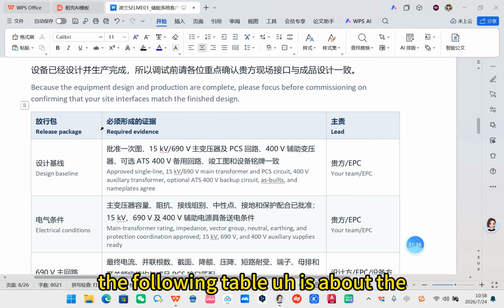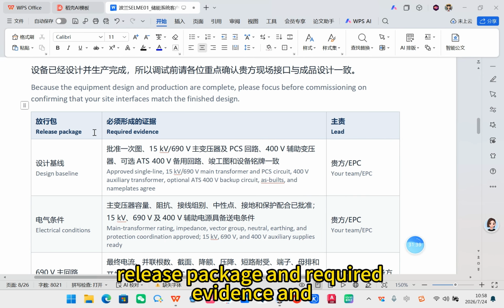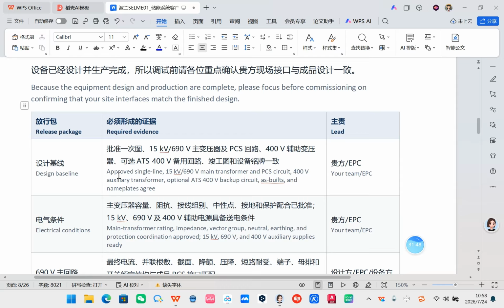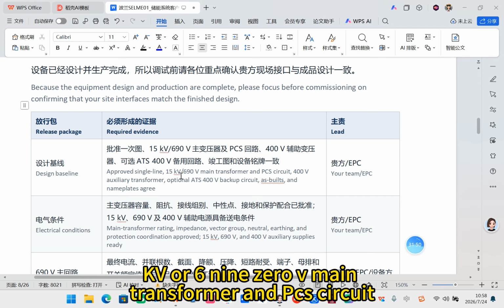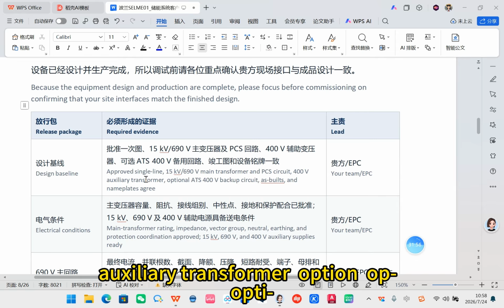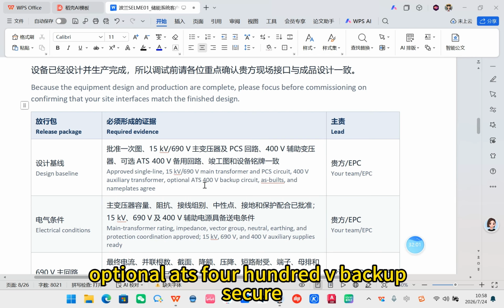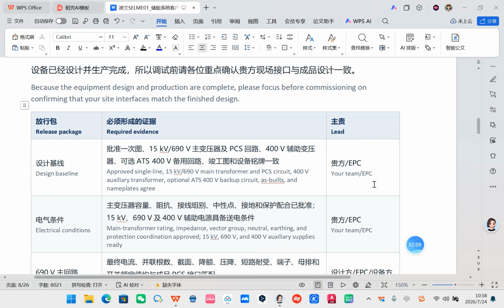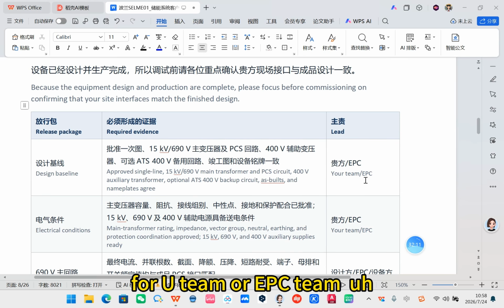The following table is about the release package and the required evidence. For the design baseline: approved single line, 15 kV or 690V main transformer and PCS circuit, 400V auxiliary transformer, optional ATS 400V backup circuit, as-built drawings and nameplates for your team or EPC team.